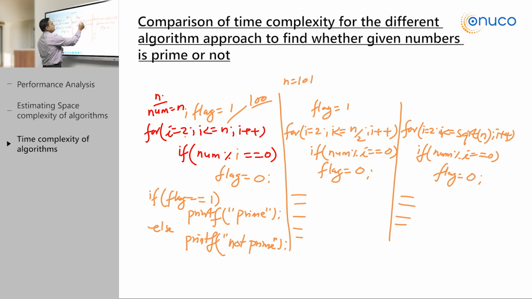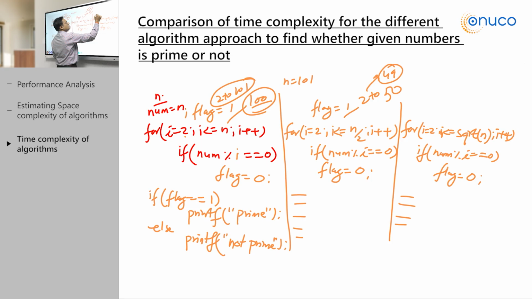In the second case, it goes from 2 to 101 divided by 2, which is 50, so it performs 49 times. While in the third, it goes from 2 to the square root of 101, which is maybe 10 point something, so 2 to 10, it is 9 times.